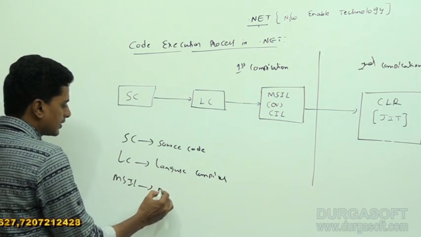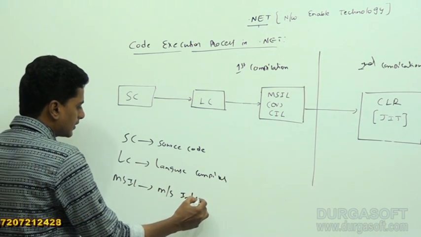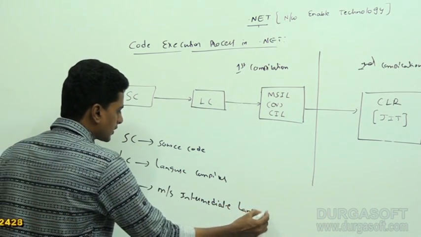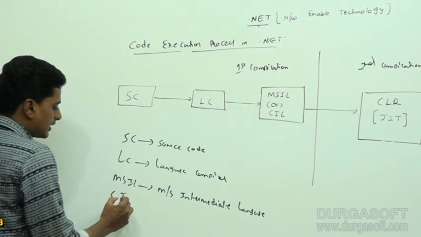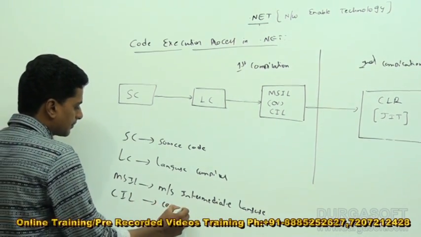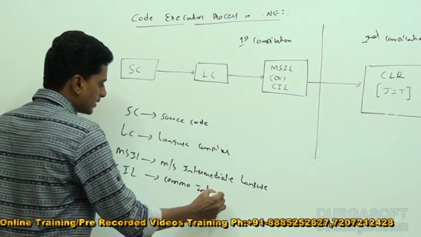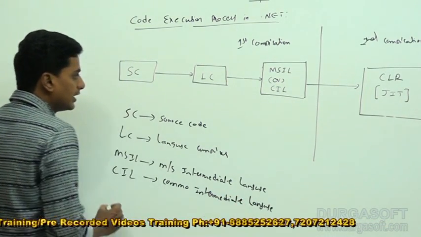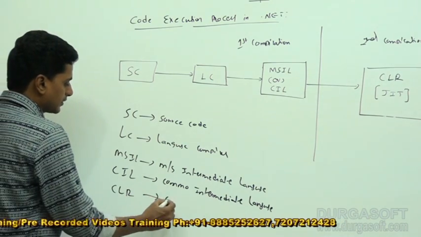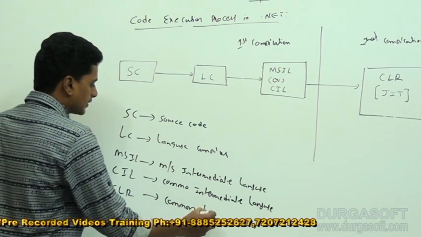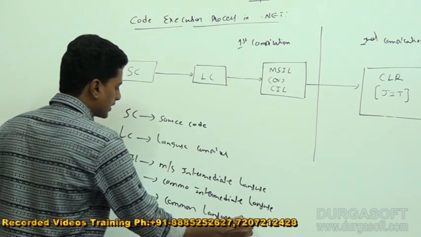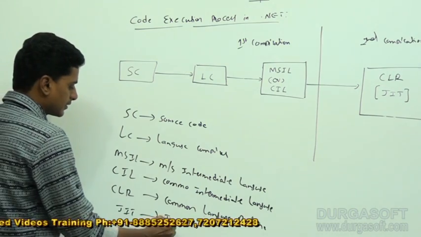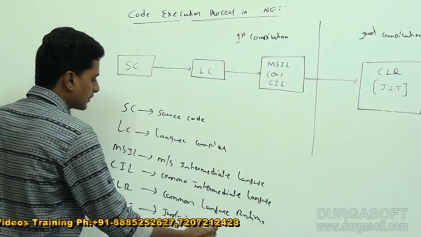MSIL means Microsoft Intermediate Language, and CIL means Common Intermediate Language, and CLR stands for Common Language Runtime, and JIT stands for just-in-time compiler.